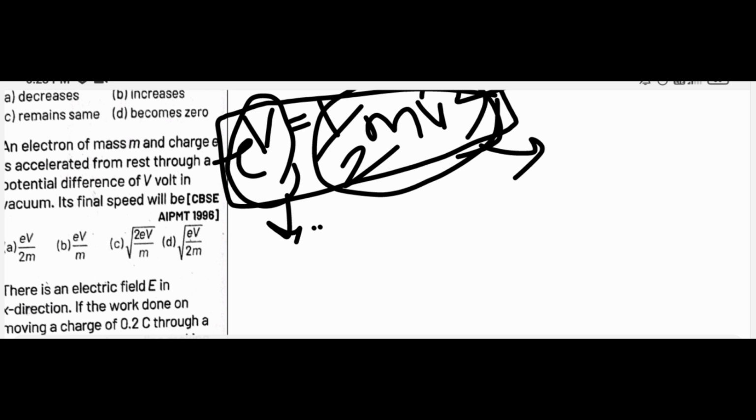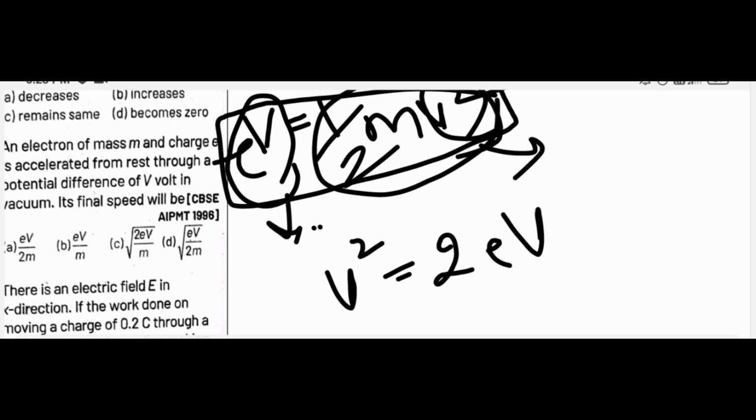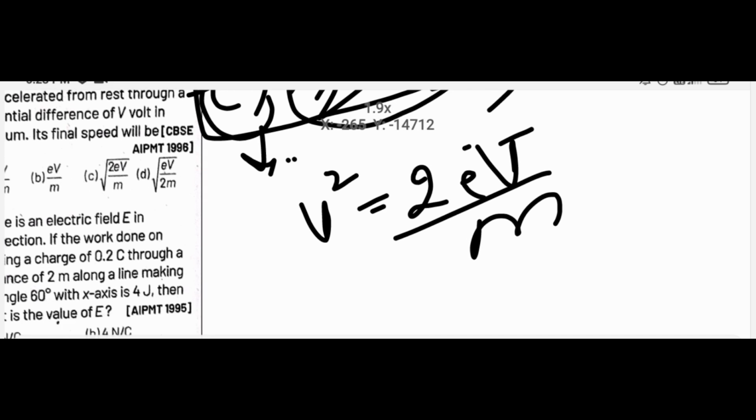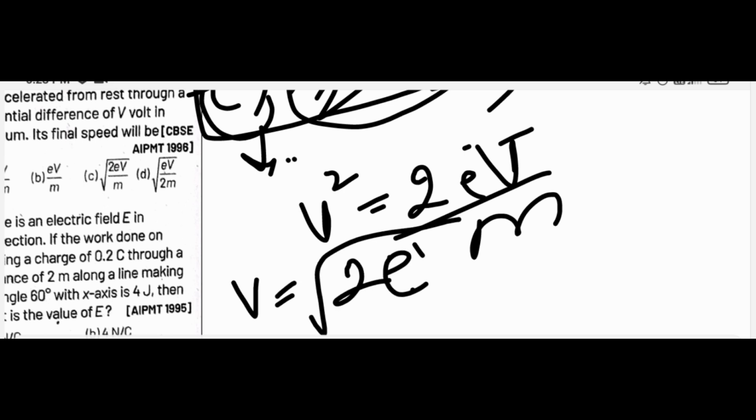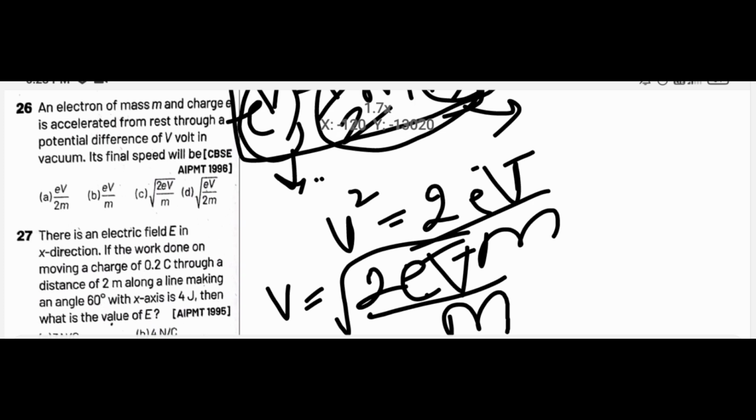Half mv square equals eV. Taking the equation for v square, v square is equal to 2eV divided by mass. So v is equal to root of 2eV by m. Root 2eV by m will be the answer. So option C is the answer.